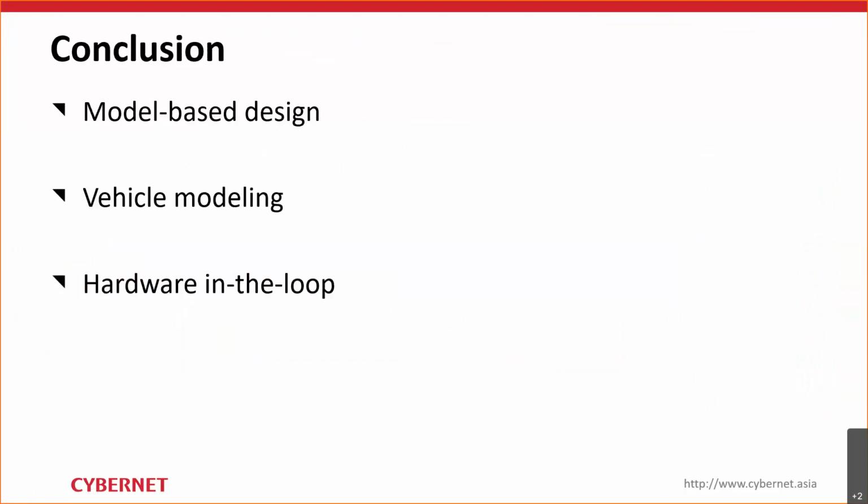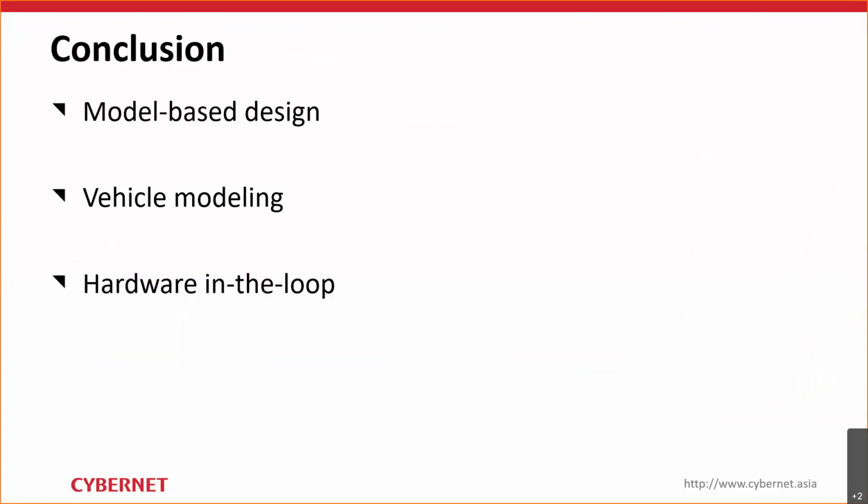Today, we covered 3 topics with some success stories. Model-based design is going to help us build the model of our controlled plant. We use a complete vehicle lookup table model from CarSim to build our plant model.